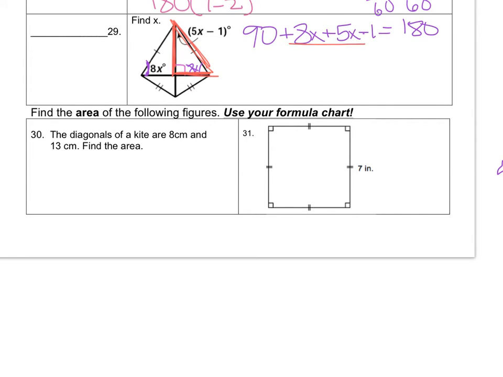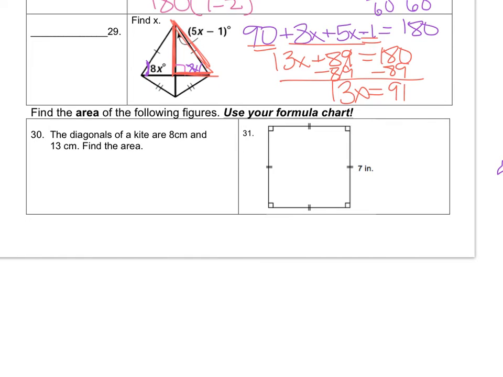You have 5x and 8x, 13x. 90 minus 1 is a positive 89, equals 180. Okay, you're solving for x, so subtract 89 on both sides. So you have 13x equals 91. And when you divide both sides by 13, you're going to get x equals 7, and it asked for x.